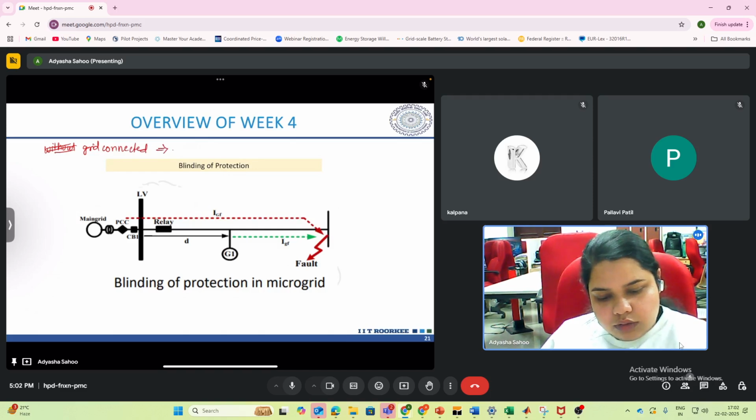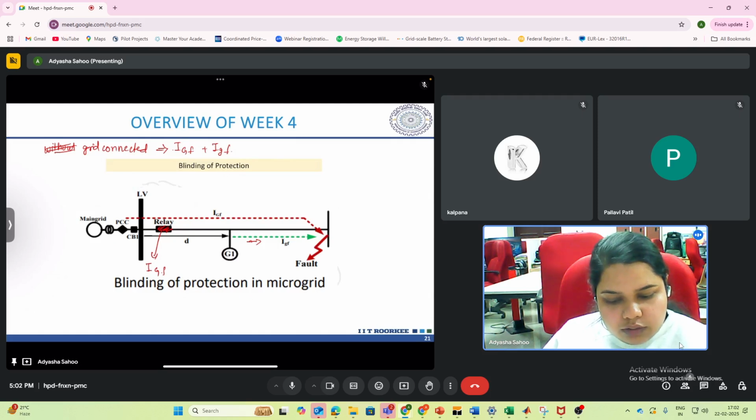So the fault current will be IGF plus IGf. That is the total fault current. But if you have a relay here, it cannot basically sense this current IGf. So this relay is only seeing the current IGF.